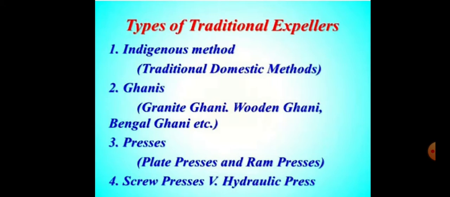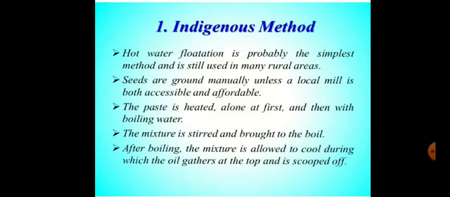After that, the screw press is also included. Then the hydraulic press is there, but here a variation or differentiation is given between screw press and hydraulic press. Both are the same, but somewhat of a variation is there, that's why they are mentioned like that. So what is the indigenous method?